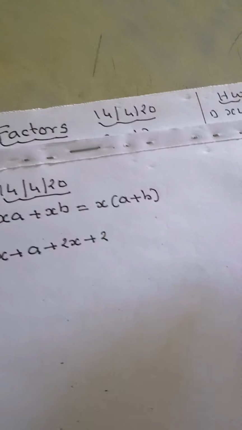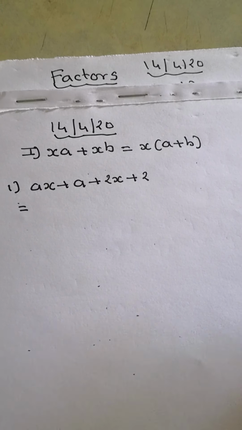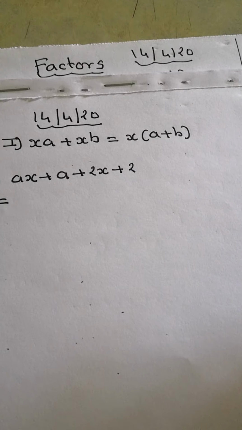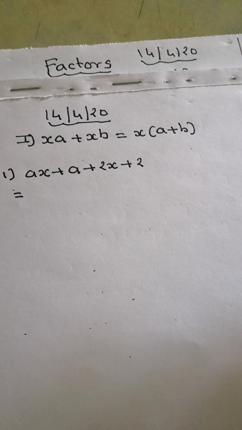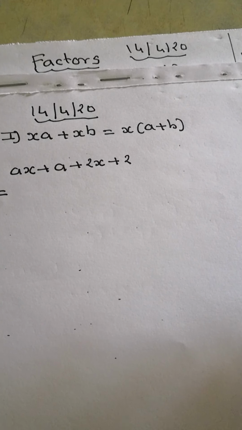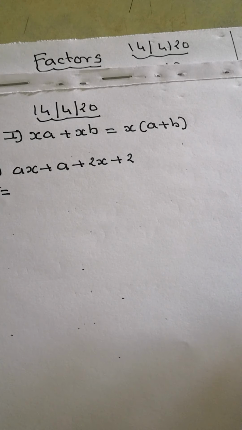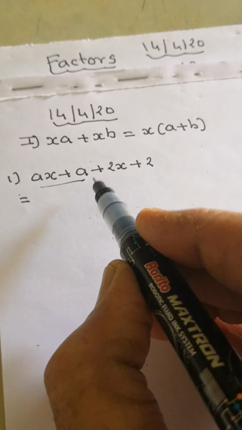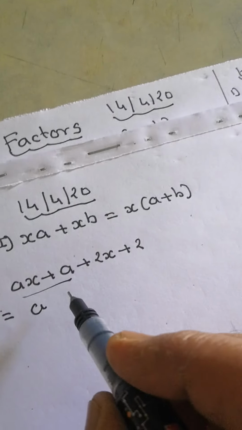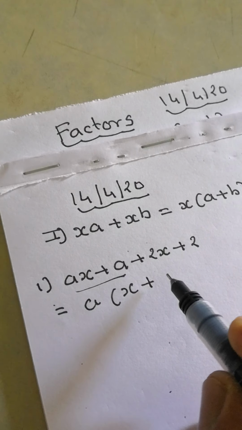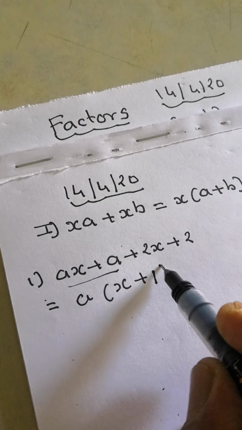The very first sum for your illustration is ax plus a plus 2x plus 2. Here the first two terms are ax and a, and the last two terms are 2x plus 2; all these four terms are in order. For the first two terms ax and a, a is common. So I write a as common and x plus 1 in the bracket, because instead of a we write 1.